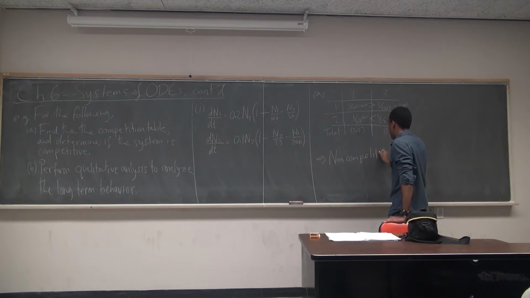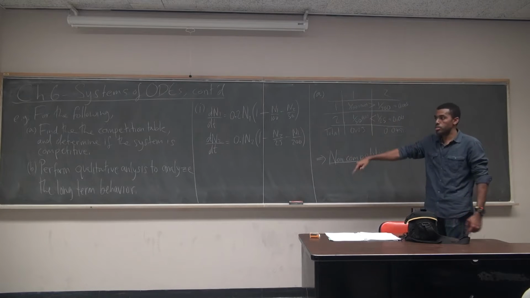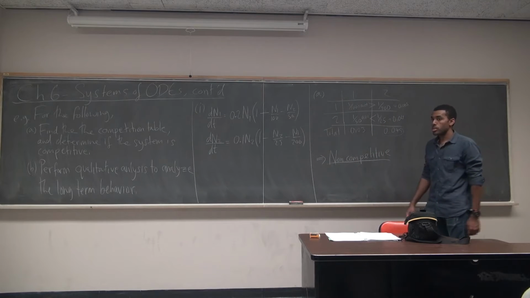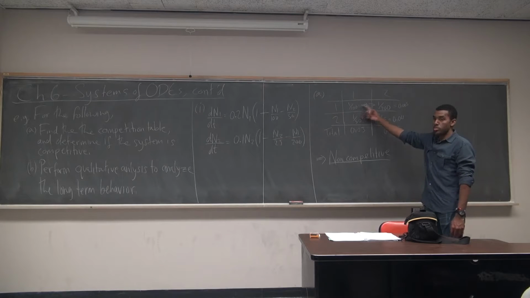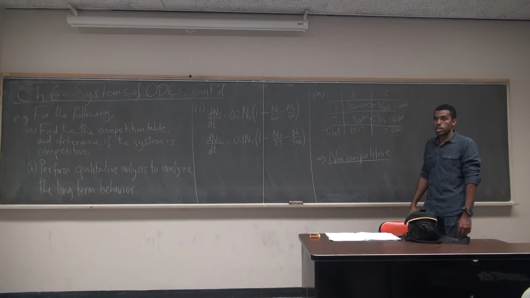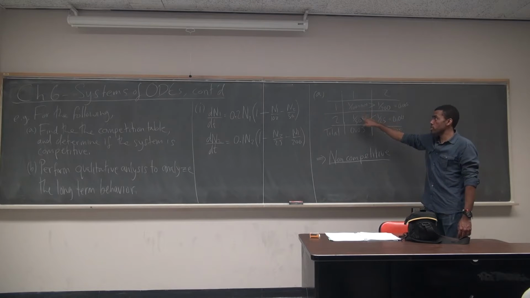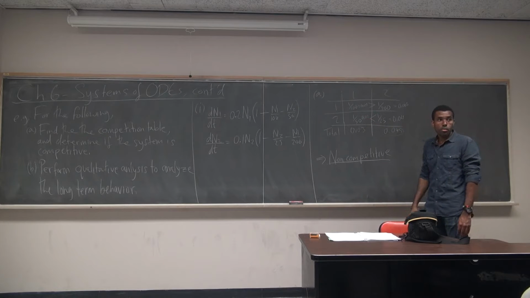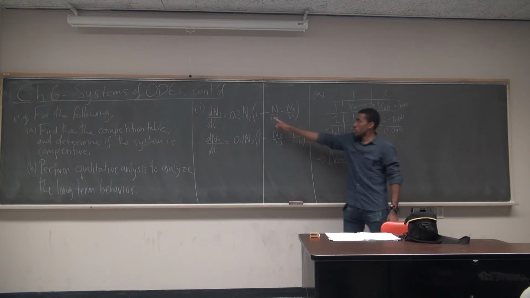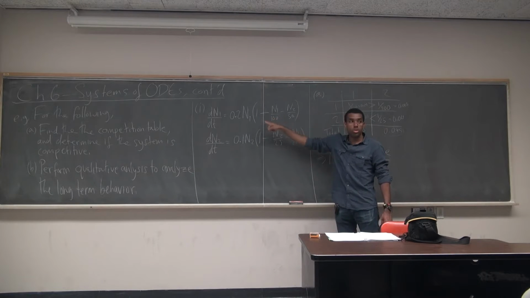Why? Remember what competitive means: each species beats up the other species more than it's beating up itself. Here, one is beating up itself more than it's beating up species 2. That's what a higher number means. This number represents the damage it's doing, because you're subtracting from its growth rate.